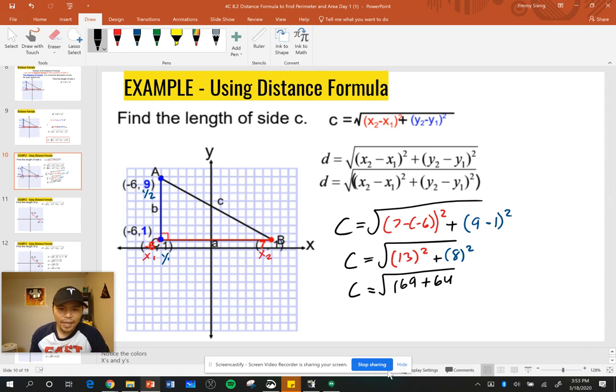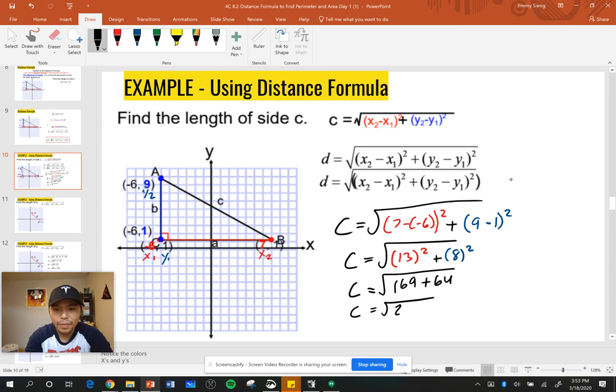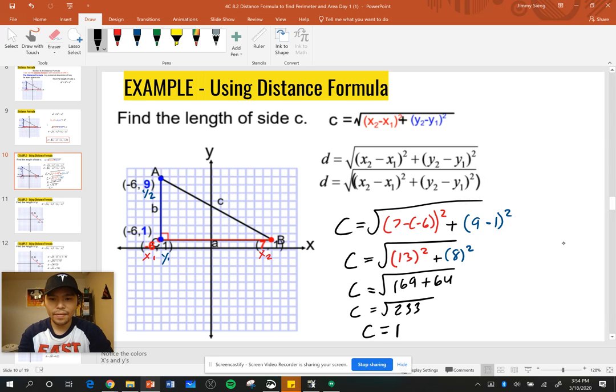Add those together and we get 233. So c is equal to the square root of 233. Or I can say the distance is the square root of 233, which is 15.26. That's my answer.